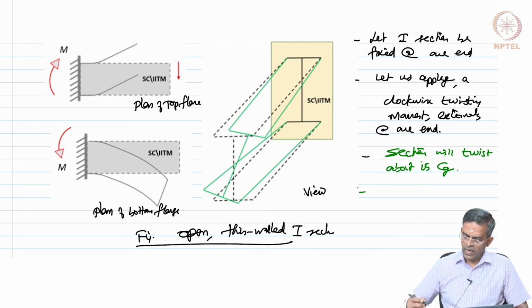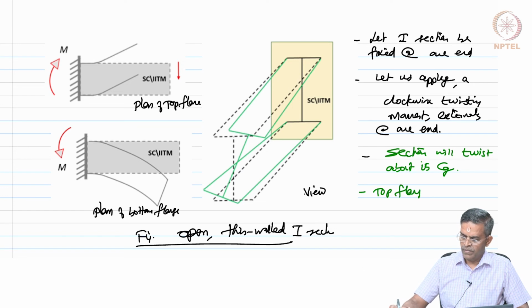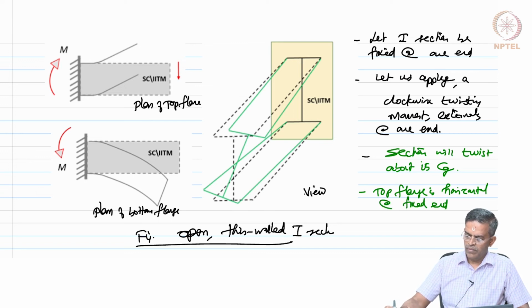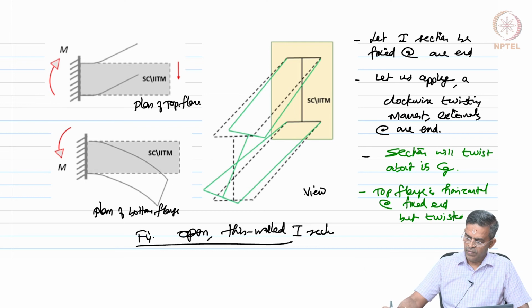First observation. Second observation, you will see that the top flange is horizontal at the fixed end, but twisted at the free end, correct?